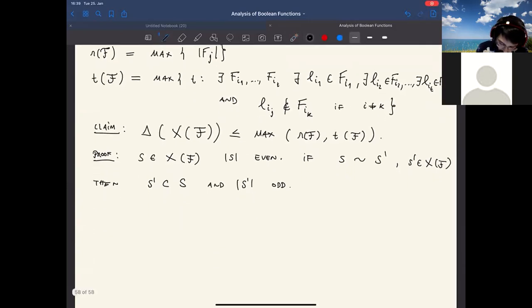Okay. And so you get that S minus S prime is just some element L prime, and L prime belongs to some F in the family, say some Fj.